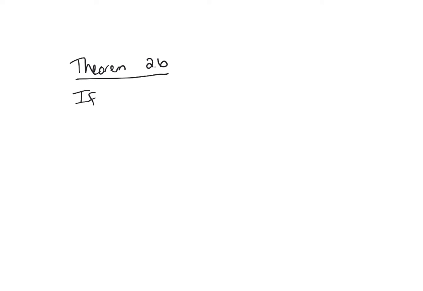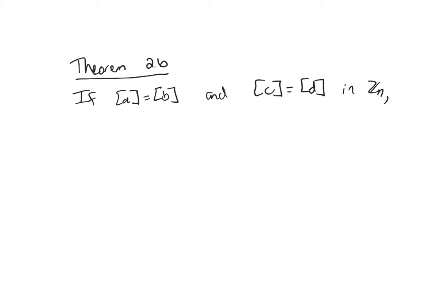It says if the equivalence class of A is equal to the equivalence class of B, and the same thing for C and D, in some fixed numbers in Zn, then if I add A and C together, you get the equivalence class of A plus C. If I add B and D together, you get the equivalence class of B plus D, and these are the same.